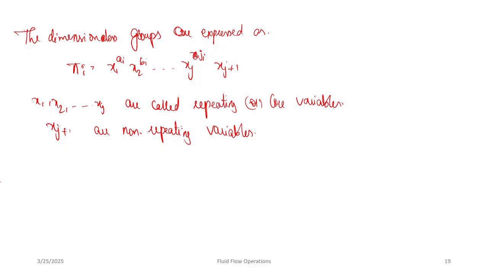So basically, the number of repeating variables will be equal to the number of fundamental dimensions. So in general, j will be equal to 3.